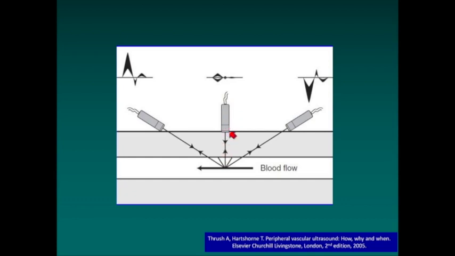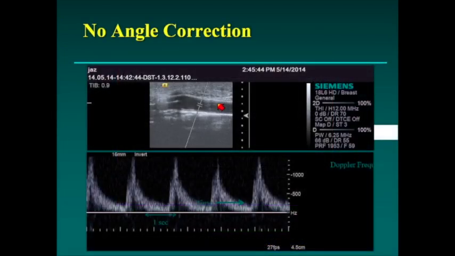One, the machine doesn't know whether the blood flow is going towards or away from it, so it will represent it on both sides. And secondly, remember that there is spread of the beam on both sides, so it is picking up some blood elements coming towards it and some leaving away from it. So if you get this diamond-shaped waveform, you know you've got an angle problem. Keep that in mind.